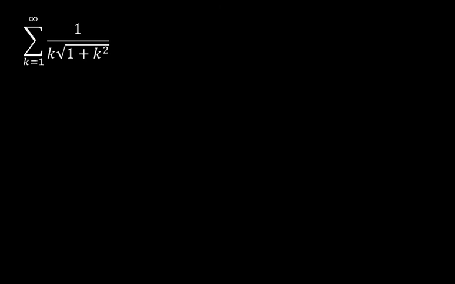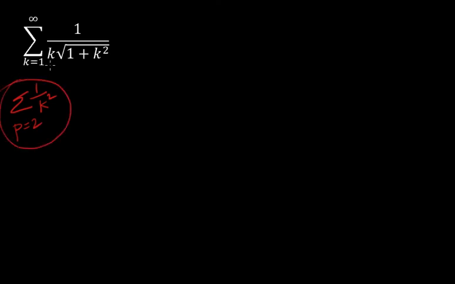In this example, I'm thinking of a p series, and I want to look at this a sub k here. What's really happening? Well, I can ignore the plus 1. The square root of k squared is k. So this is behaving very similar to summation 1 over k squared, and I know that converges. p is equal to 2.